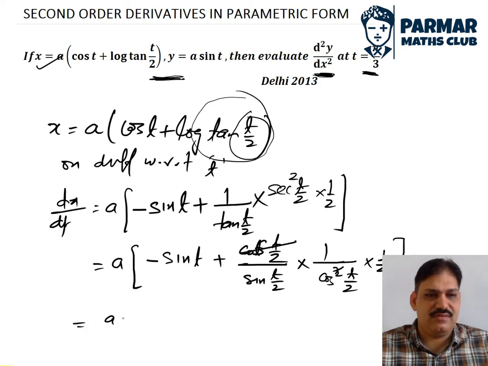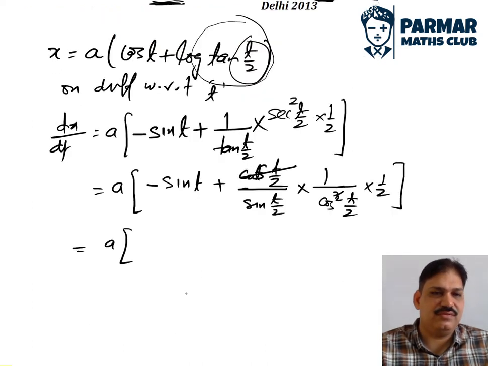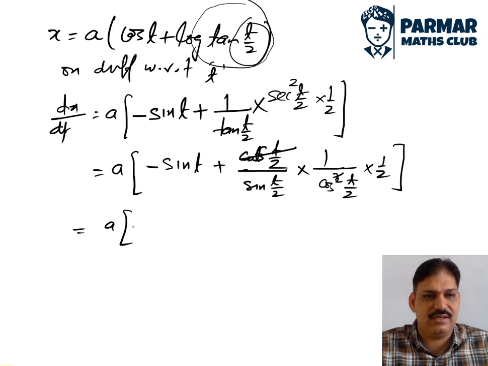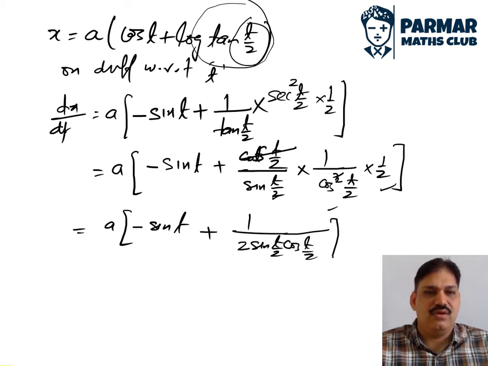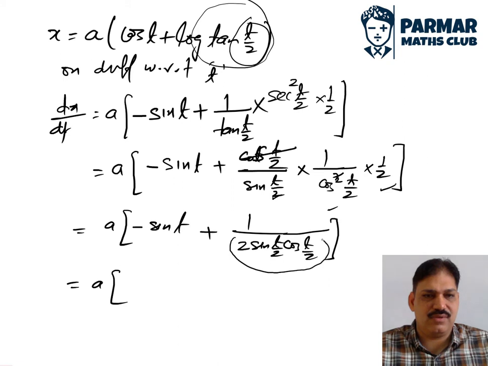So this will simply give us a times of minus sin t plus 1 upon, in the denominator we have 2 sin t by 2 cos t by 2. 2 sin theta by 2 cos theta by 2 can be written as sin theta.